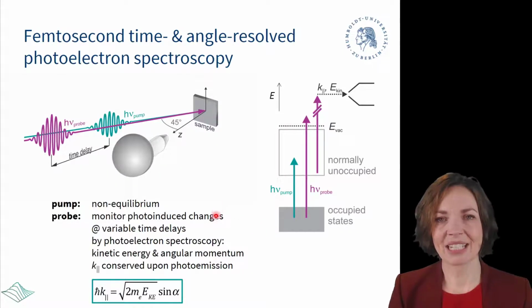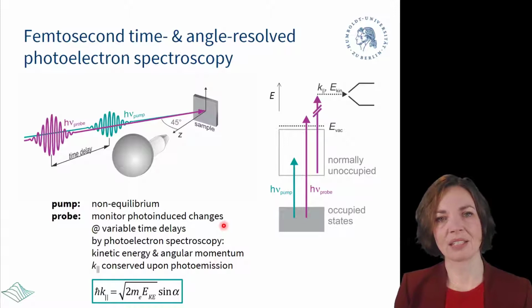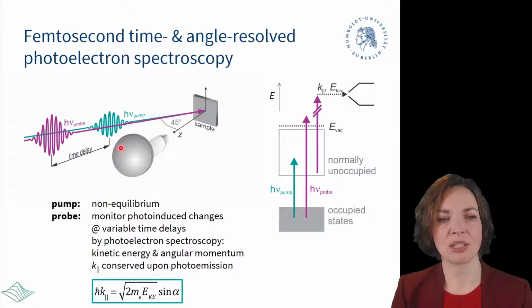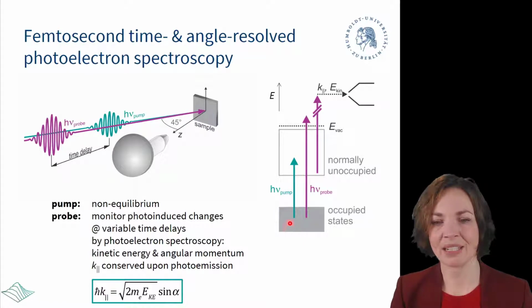We investigate such phenomena using femtosecond time and angle resolved photoelectron spectroscopy, where we pump the system and then probe the dynamics in photoemission with a variable time delay. We can also independently tune the wavelength of the exciting and the probing laser beam in order to match resonances and in order to look at different regions in the electronic structure.